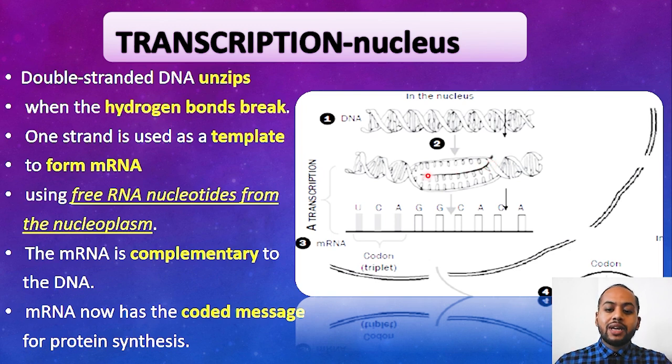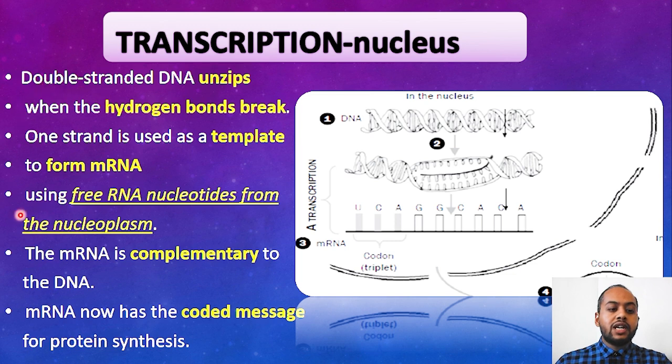Once they have formed an mRNA strand, this is what the mRNA strand will look like. The mRNA strand will now leave the nucleus through the nuclear pore. It will go to the cytoplasm to start the next process, which is translation.